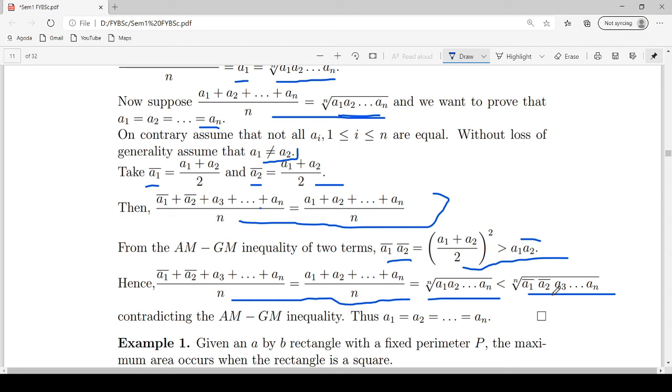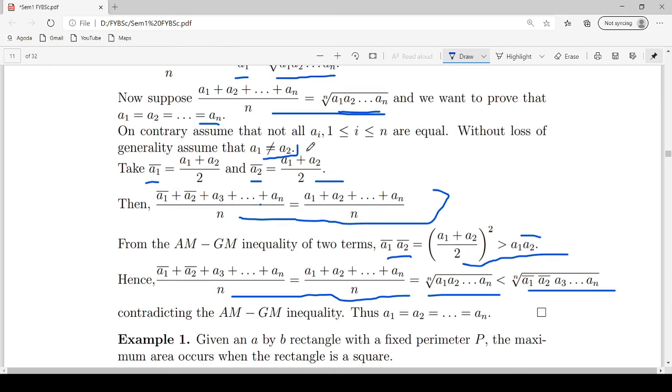So what you have got? The arithmetic mean of a1 bar, a2 bar, a3 up to an is strictly less than the geometric mean of a1 bar, a2 bar, a3 up to an, which is a contradiction to the AM-GM inequality, because we have proved that AM is always greater than or equal to GM.